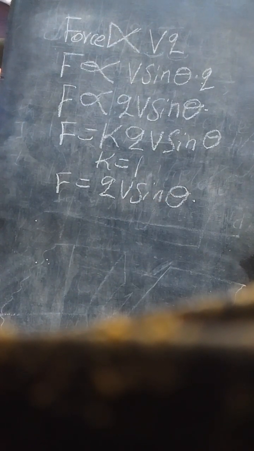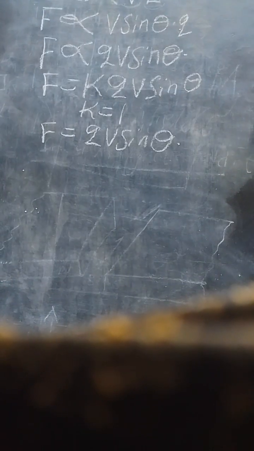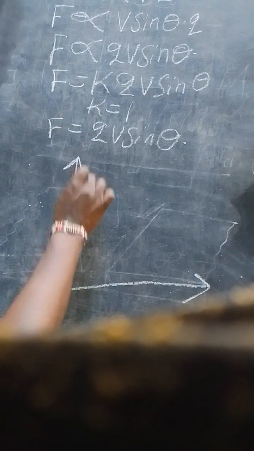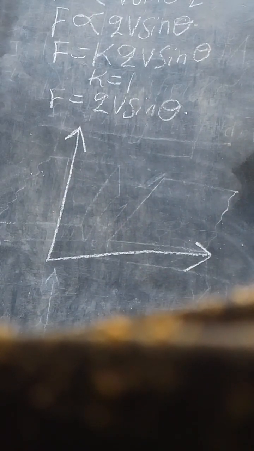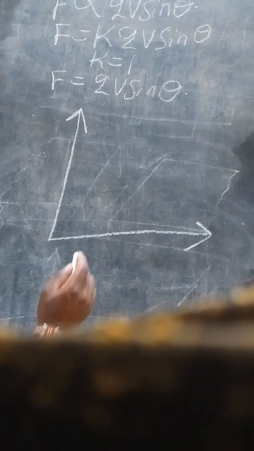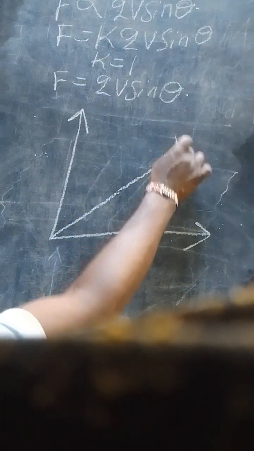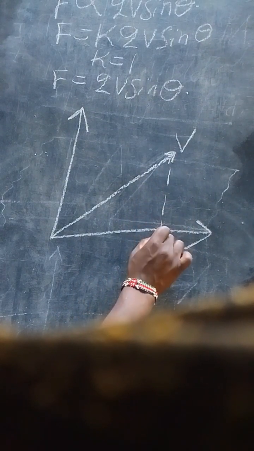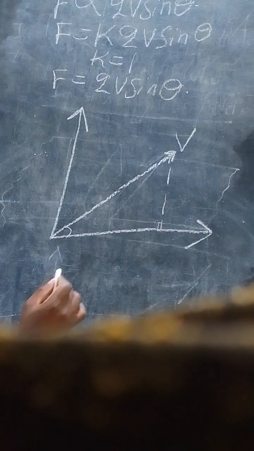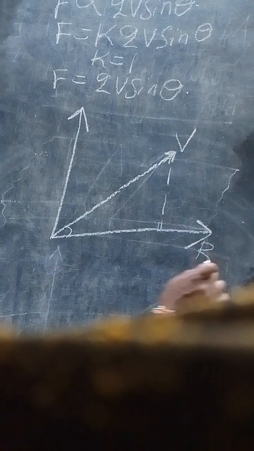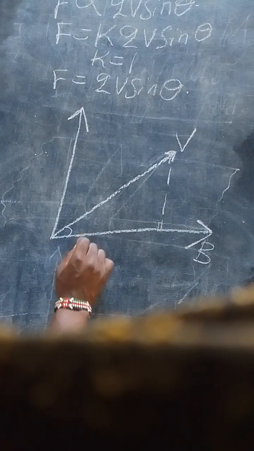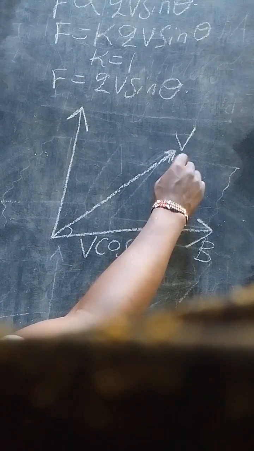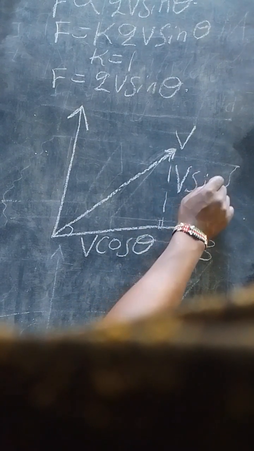Remember, when we drew that diagram to resolve the velocity of the charge into the horizontal and vertical components, this is the velocity of the charge, this is the angle subtended, and this is the B field, and this will be V cos theta, and this will be V sin theta.